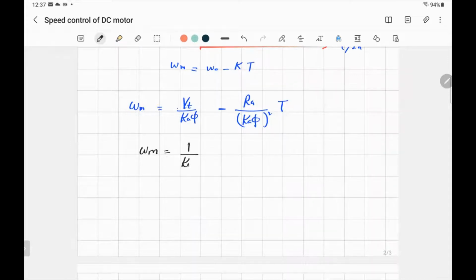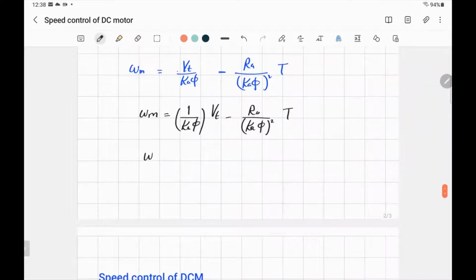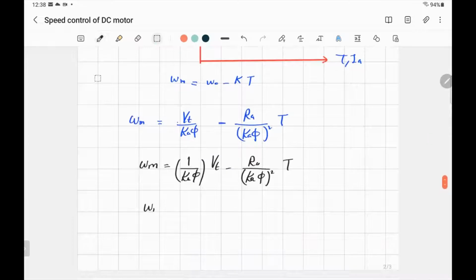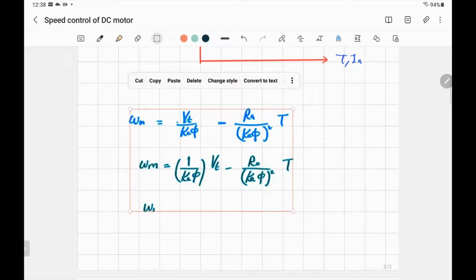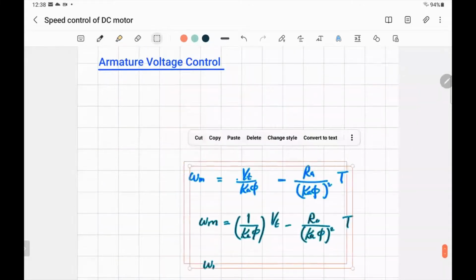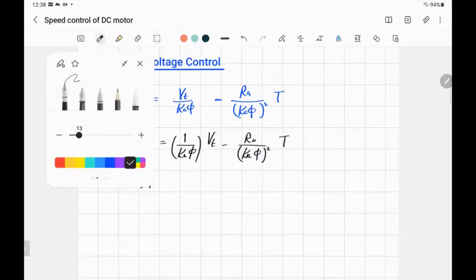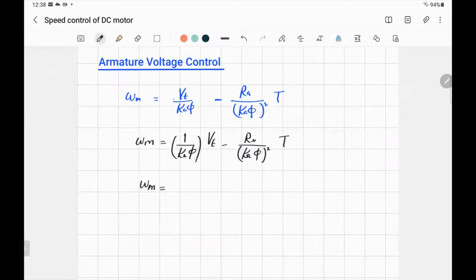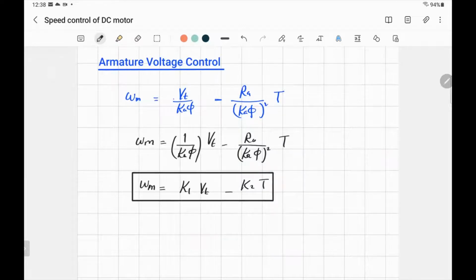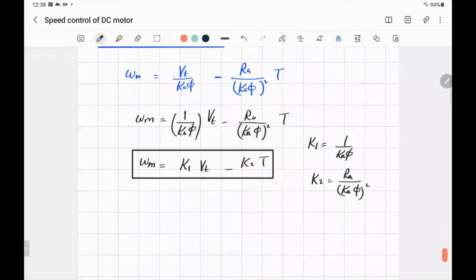So I have 1 over Ka Phi times Vt minus, this is another constant, Ra over Ka Phi squared, and T. So I will write the equation omega M equal to, let's call this constant K1 Vt and call this K2 T. I have another straight line where K1 is equal to 1 over Ka Phi and K2 equals Ra divided by Ka Phi squared. So that's an equation of a straight line.